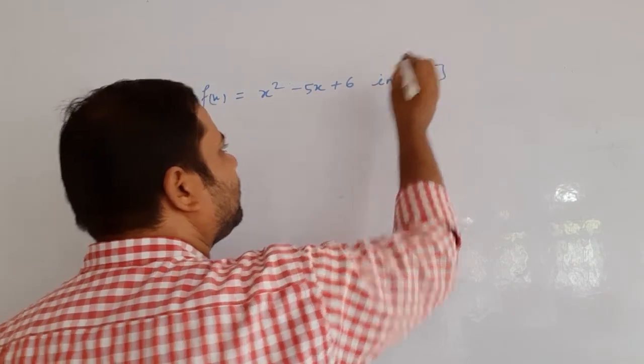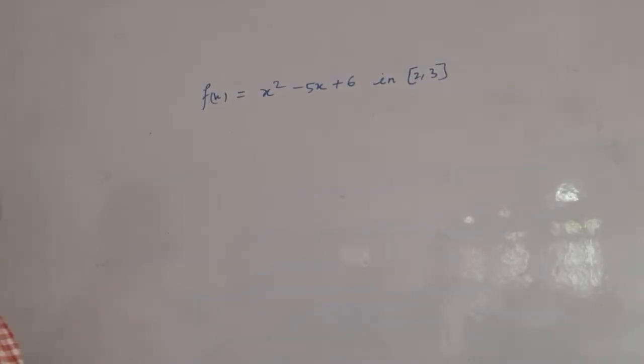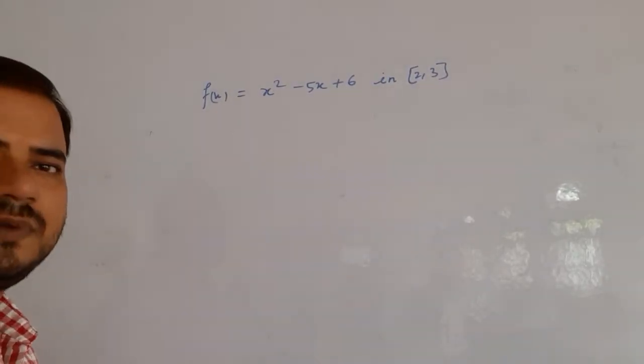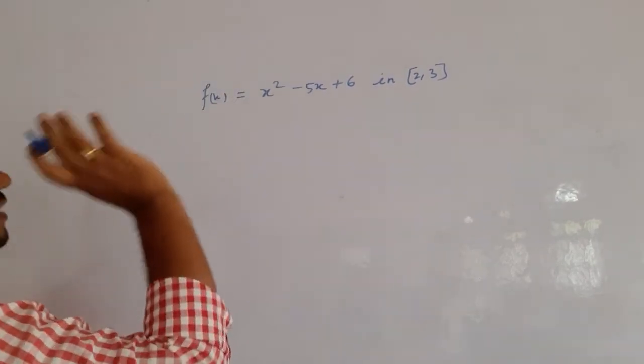We have to verify Rolle's theorem for the function f(x) is equal to x square minus 5x plus 6 in interval [2, 3].